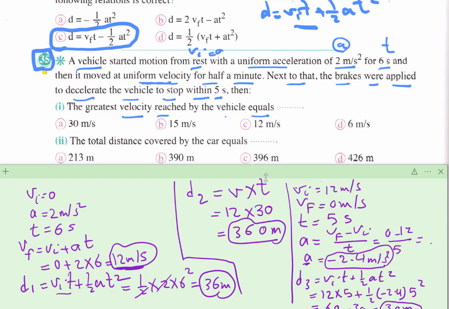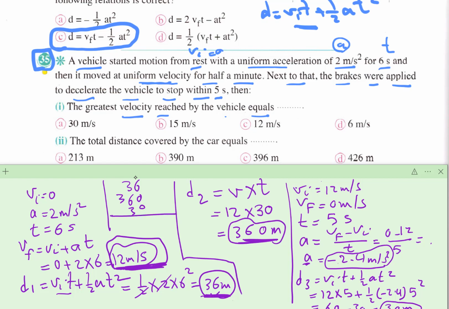So at the beginning, as you see, he needs the greatest velocity reached by the vehicle, the 12 meters per second. This is the first question. The second, the total distance, we need to calculate all these distances, d1, d2, d3. d1, 36. d2, 360. d3, 30.